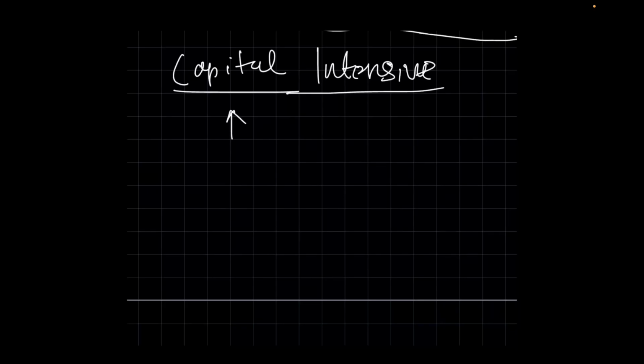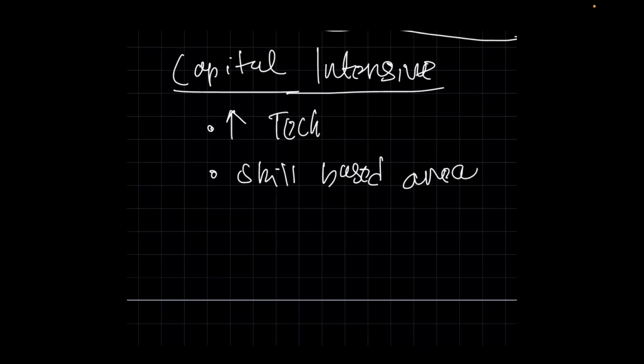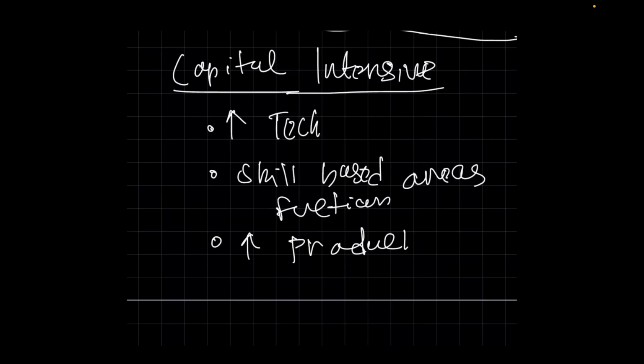What it means is that there's high technology being used, very advanced technology, and skill-based areas function better with it, and there is generally a higher productivity with capital intensive systems.